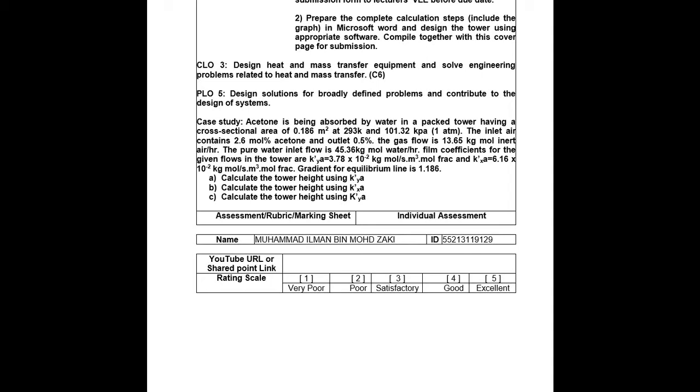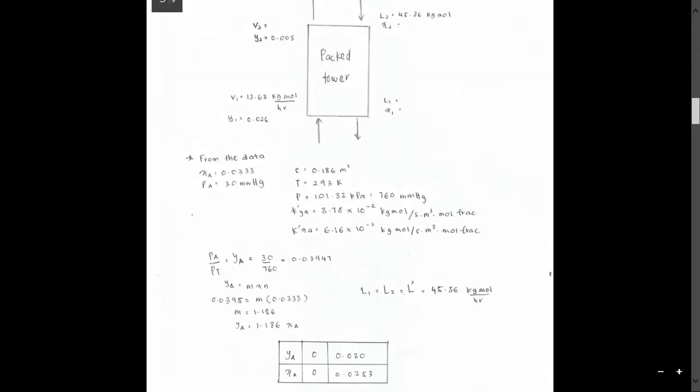To calculate all this, firstly you need to draw the graph. Before that, you need to draw the diagram of the packed column. This is an example of the diagram of a packed tower. The packed tower contains two main streams, gas stream and liquid stream.